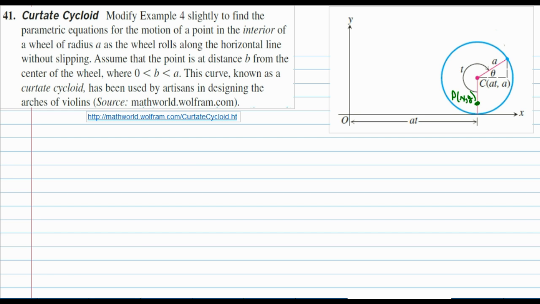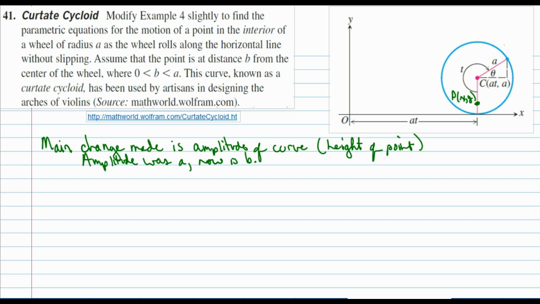So we need to find an equation for this. Well, it's very similar to example 4. The main change we made is that the amplitude of the curve, or the height of the point, or the, quote, radius that we're using, was A and now is B. So that just means that x is going to be A times t, the distance total traveled, minus B, the new amplitude, times the sine of t.